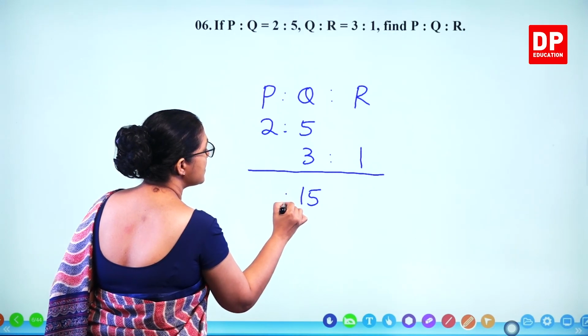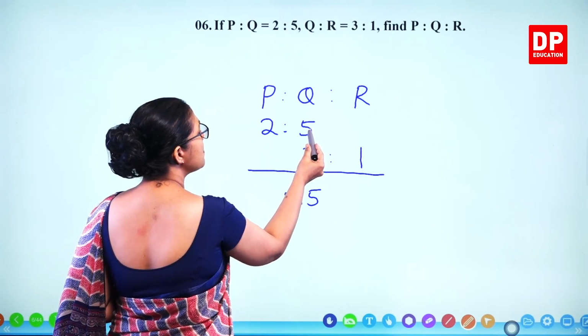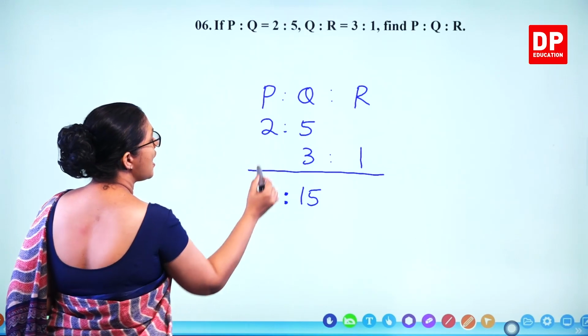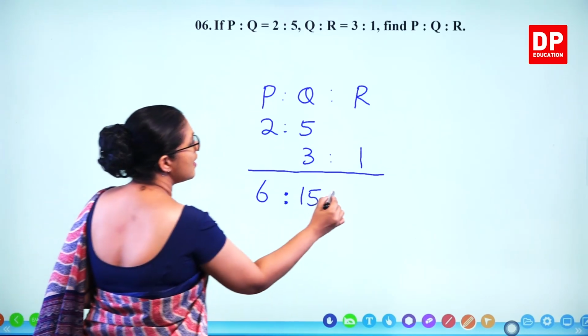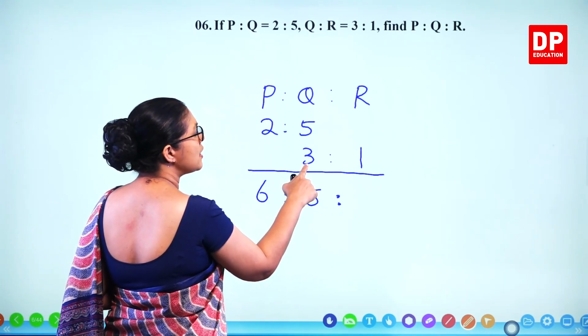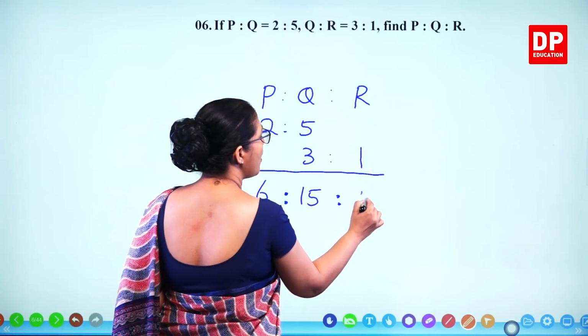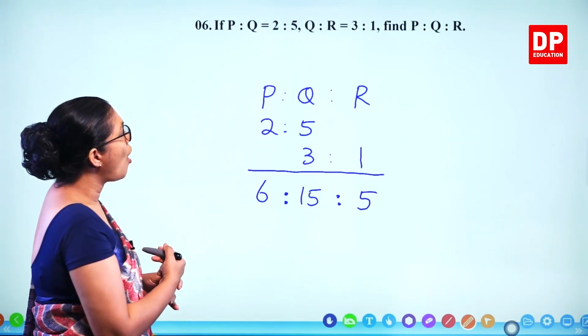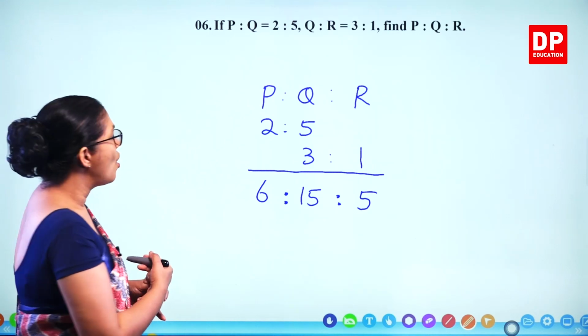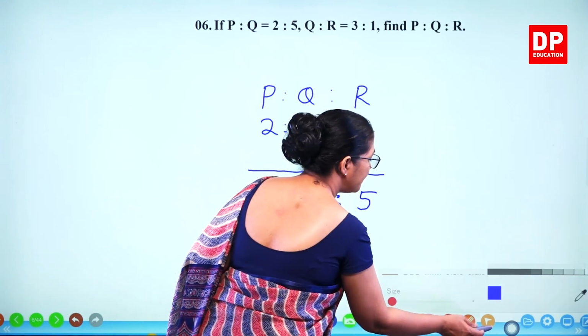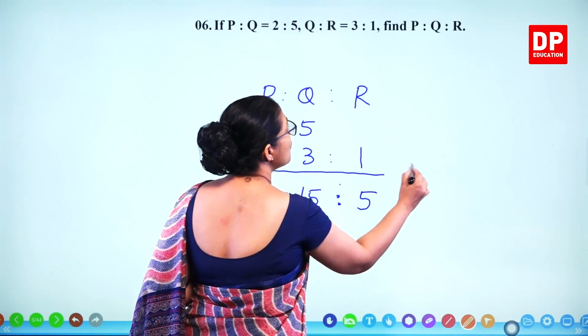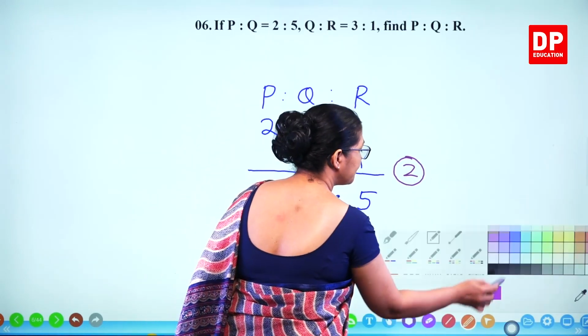So that means you multiply this by 3. So 3 times 2, 6. To get 15, you have to multiply this by 5. 5 times 1, 5. So common ratio is 6 to 15 to 5. So you get 2 marks.